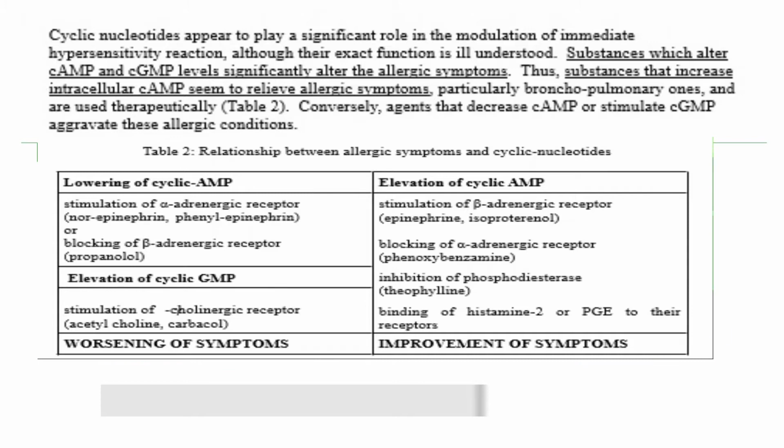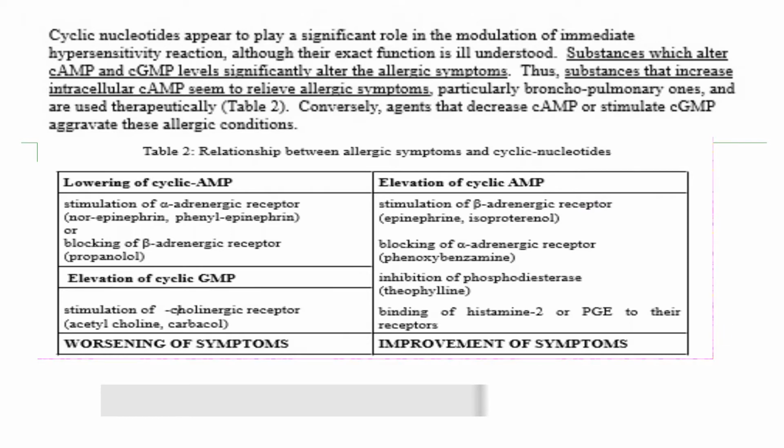So this table shows the relationship between the allergic symptoms and the cyclic nucleotides. Lowering the cyclic AMP or elevation of cyclic GMP results in worsening of the symptoms of anaphylaxis, while elevation of cyclic AMP may cause improvement in the symptoms.